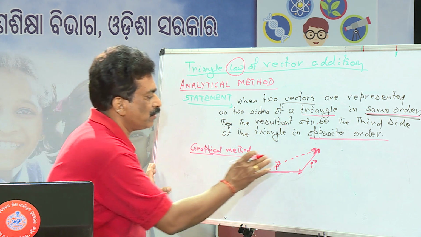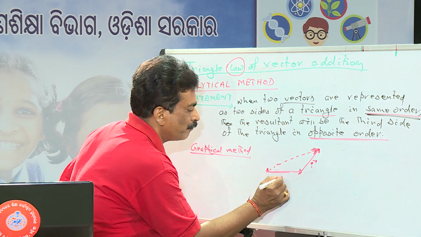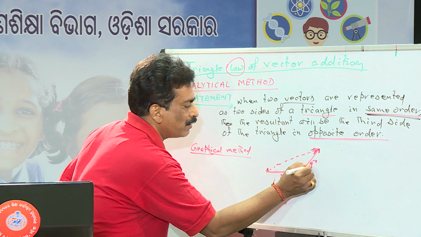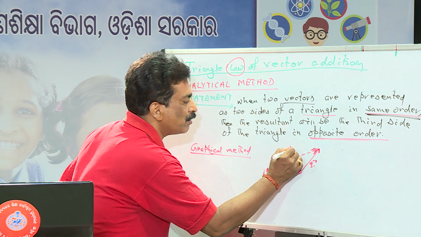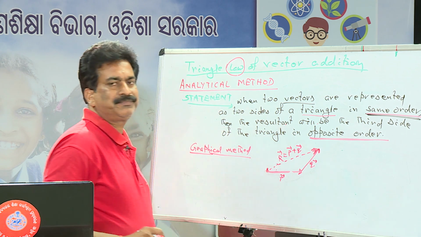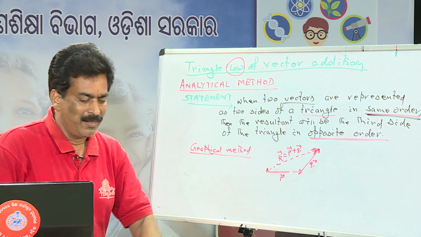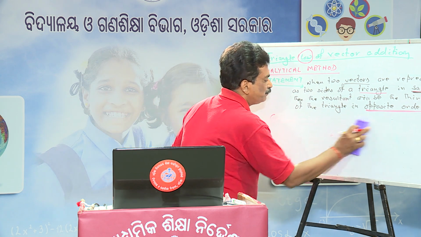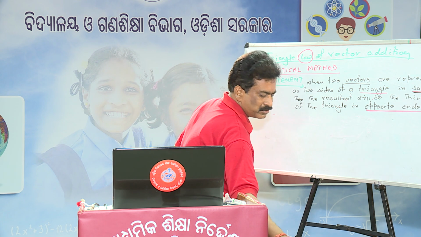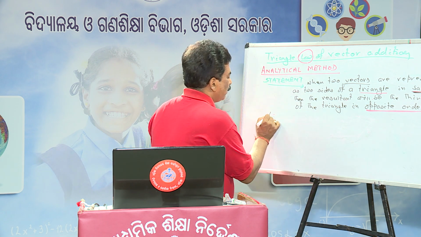This is not the graphical method as we discussed earlier. Meaning if this is the p vector, this is the q vector and this is the r vector, this is the p vector plus q vector. This is for the graphical method, but now we will discuss the analytical method. Next one is the analytical method.